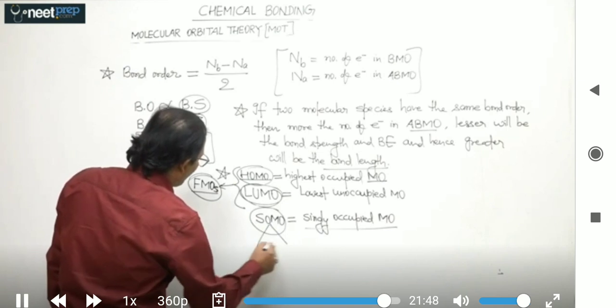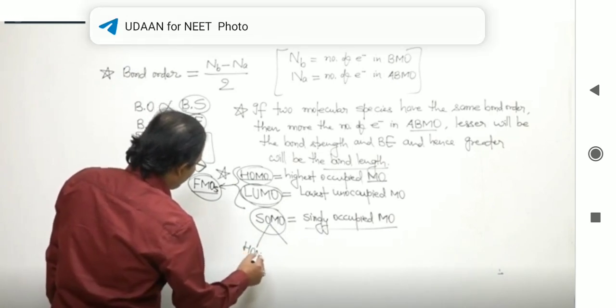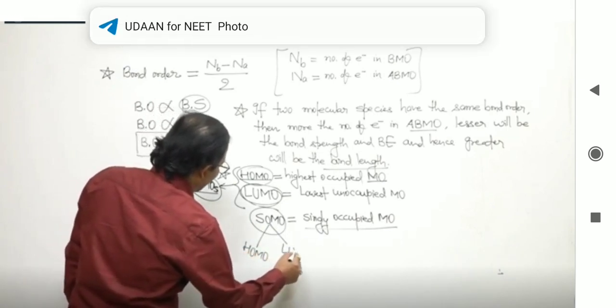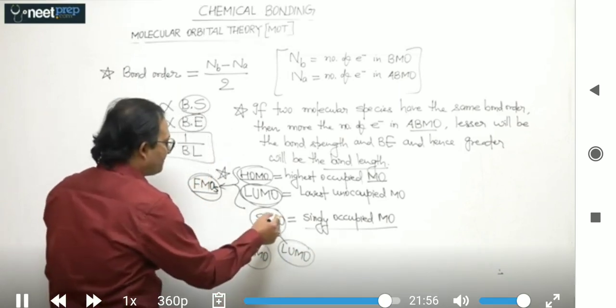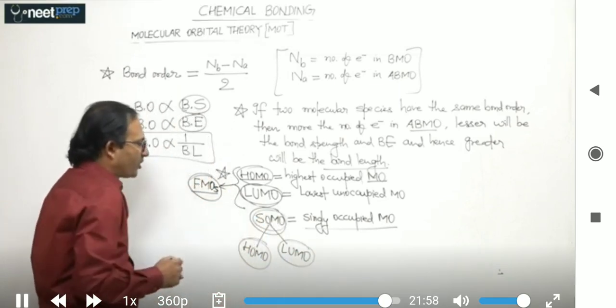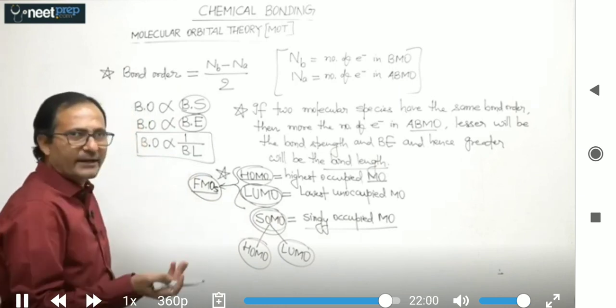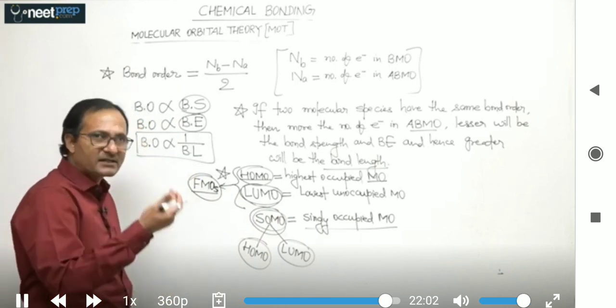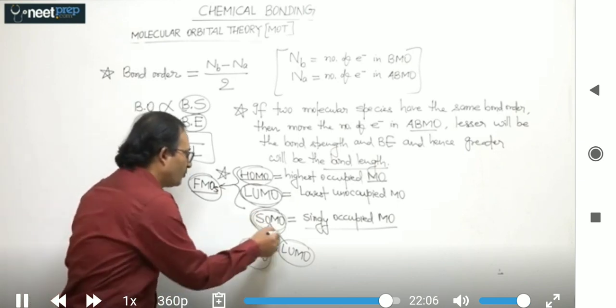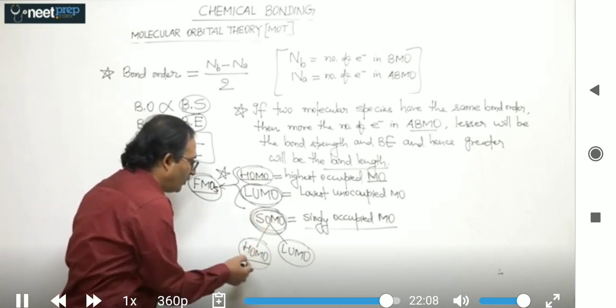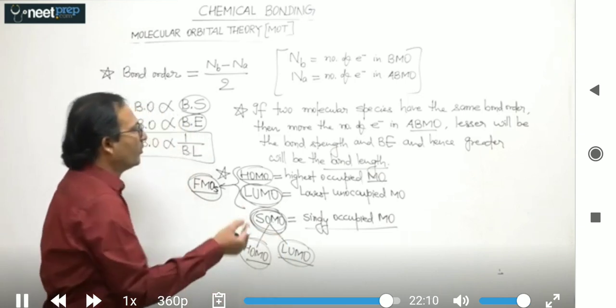And SOMO is both HOMO as well as LUMO. Because if an MO has one electron, then it can donate an electron as well as it can accept an electron to pair the electron. So SOMO will be called both HOMO as well as LUMO.